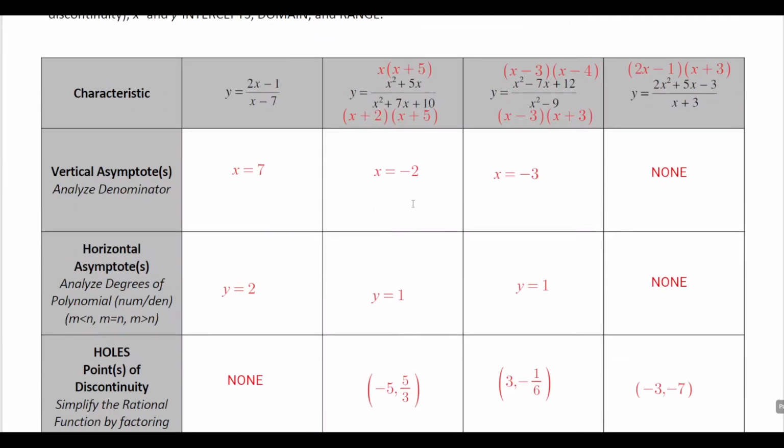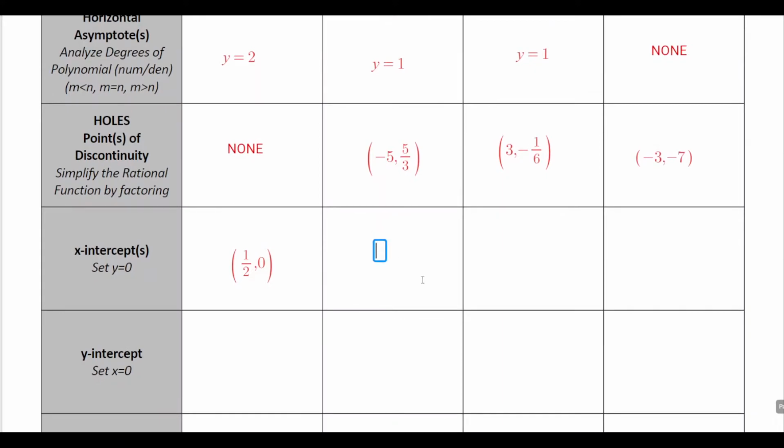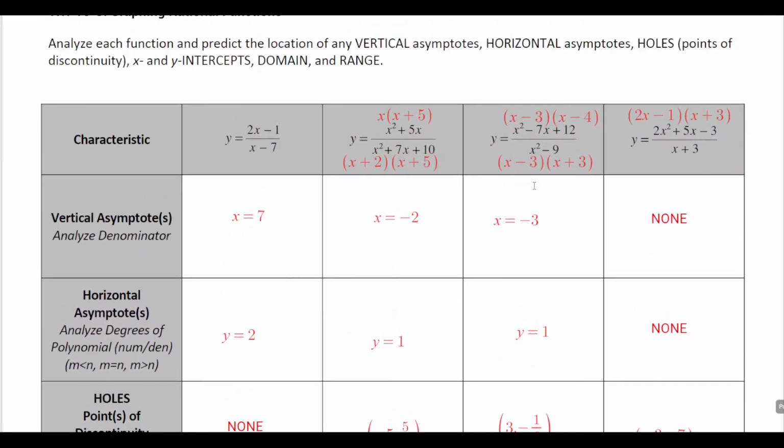And then for the second one, I can just plug in 0, so it's just going to be 0. So we have one at the origin. And we can actually take a quick shortcut here. If we know that we're passing through the origin, then the y-intercept will be the same coordinate there. For the third one, we can ignore the x minus 3 and just find out what value makes this 0, and so that would be 4.